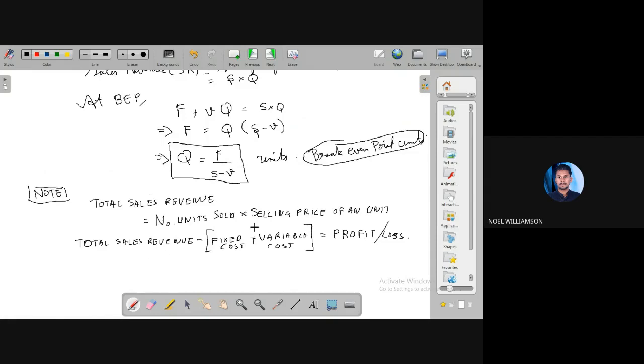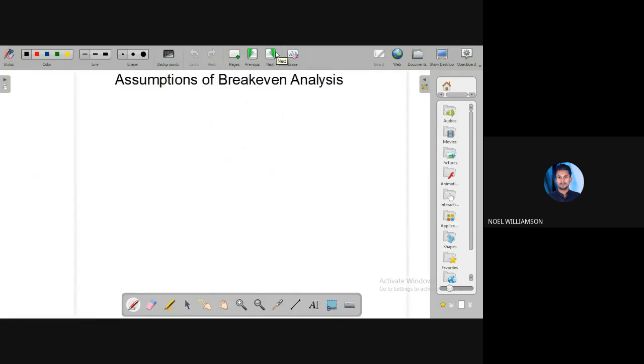Now we will see the assumptions of break-even analysis. What all were the assumptions? There are some certain assumptions made. First one, the production and sales are same. That means which all or what all products are produced, it will be sold.